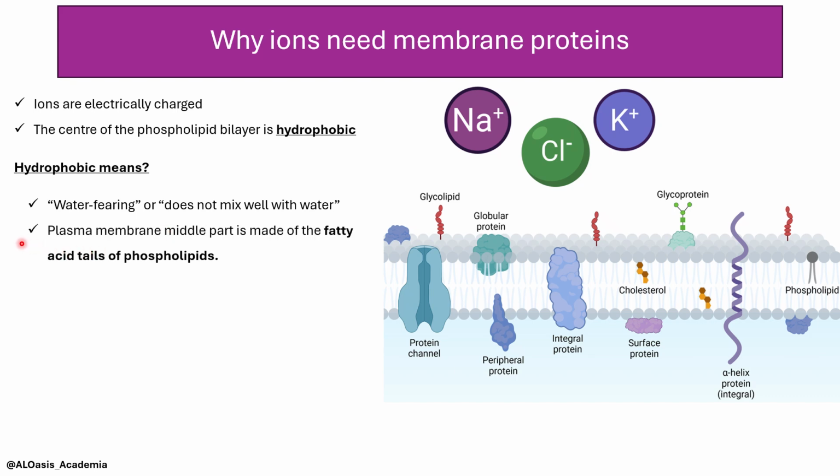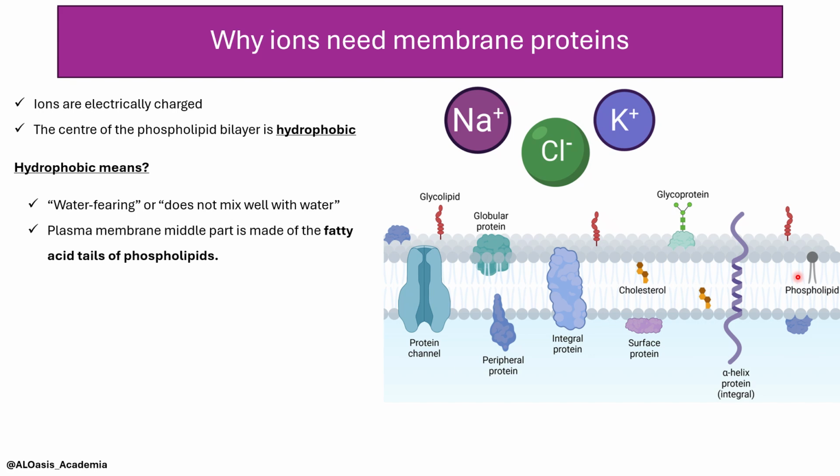So the plasma membrane is made up of the phospholipid bilayer, and each of these molecules and structures here is called a phospholipid. Each phospholipid has these two tails that we can see here. These two tails are named fatty acid tails.